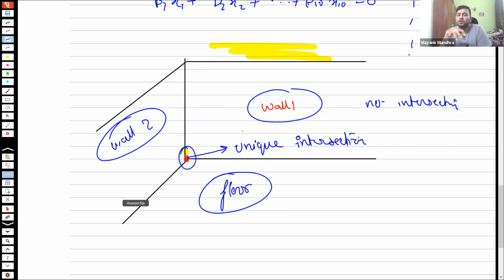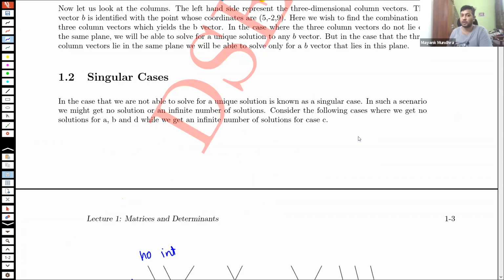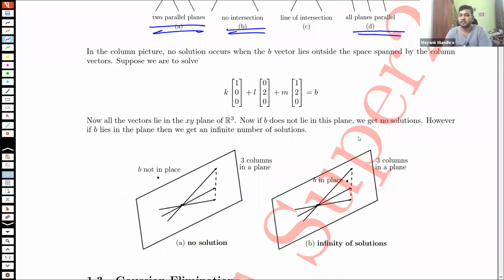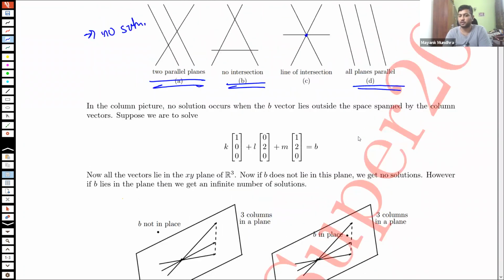So these are different cases in which you can have either no intersection, infinite intersections, or a single intersection. This is what this graph tries to explain, that you can have any of these three situations.